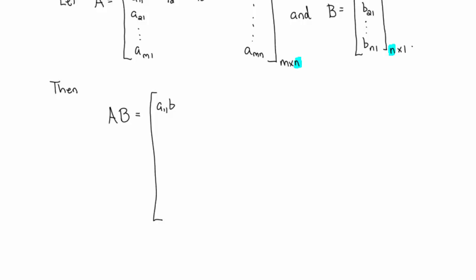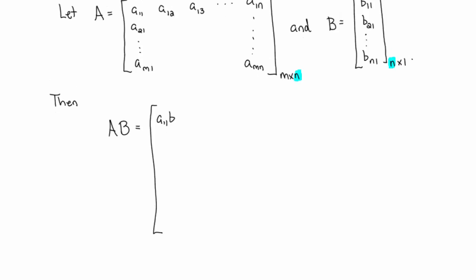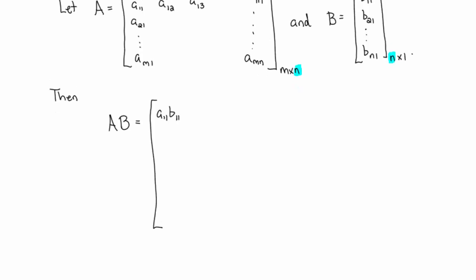A11 times B11 plus A12 times B21 plus dot, dot, dot, all the way down the line to A1n times Bn1. That's the first row. The second row, again, A21 times B11 plus A22 times B21 plus all the way down the line plus A2n times Bn1.